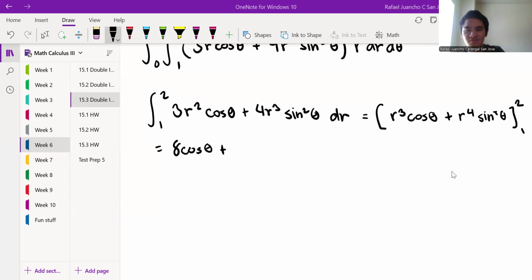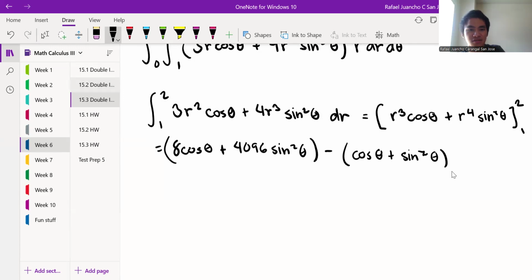Okay, somehow he managed to simplify everything, but okay. 4096 sine squared theta. So that thing, I'm going to subtract it from 1. So cosine theta plus sine squared theta. So what happens here is I take this out, minus, minus. So this is 7. This one is 4096.